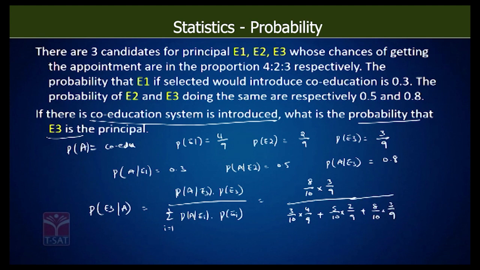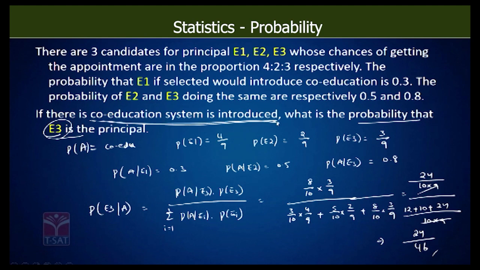So this summation I have expanded. 10 into 9, the denominator will be the same, 10 into 9. 12 plus 10 plus 24, which will be equal to 24 by 24 plus 22, that is 46. So the probability that E3 is selected given that the co-education system is already introduced is given by 24/46.